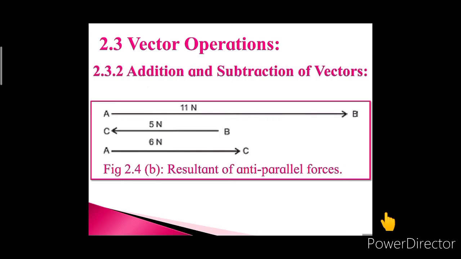Here the magnitude of the resultant vector AC is the magnitude of AB minus the magnitude of BC, and its direction is that of the larger vector AB. So this is all about the addition and subtraction of vectors.